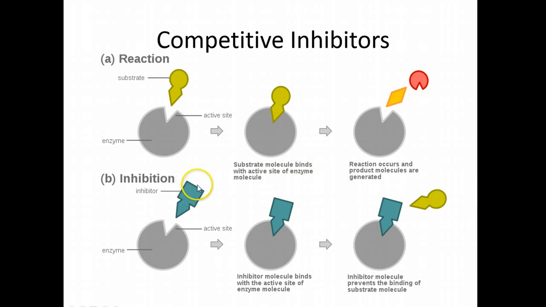Now, in this cartoon, this is the true substrate, but the inhibitor, instead of being round, is square. So it actually binds, so it still has the 3-dimensional geometry of the true substrate, but nothing happens, so it just spits it out. Okay, so when this occurs, no products are produced. Is that clear?